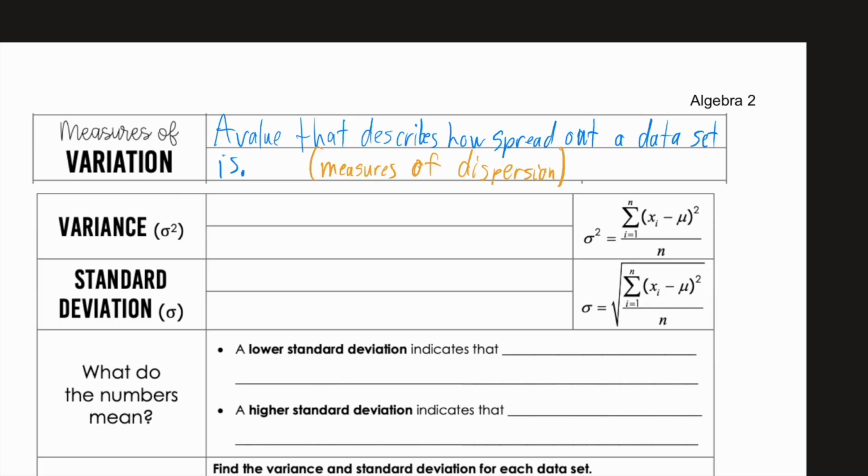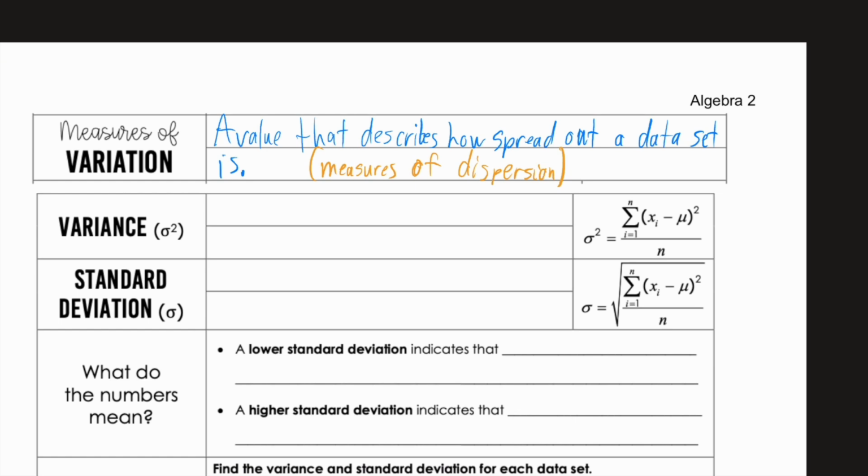So we're seeing how varied or spread out things are. And so the more clumped together data is versus how not clumped together. And typically speaking, the more clumped together data is, the more reliable that data is. And the more spread out data is, the less reliable that data is. That's how it works.